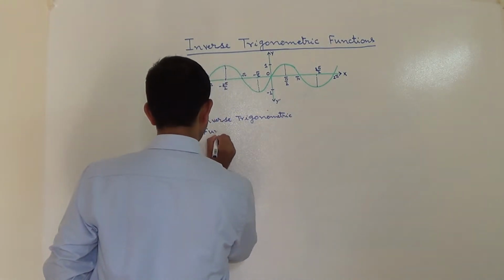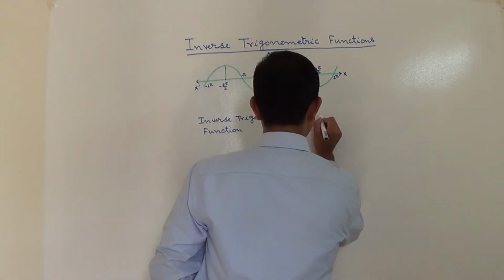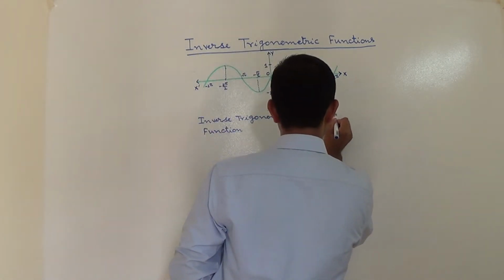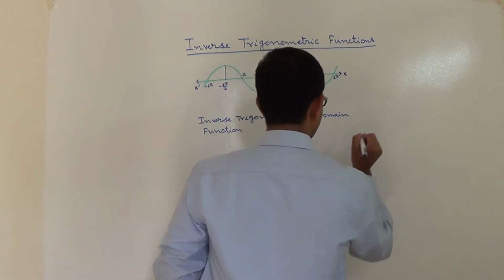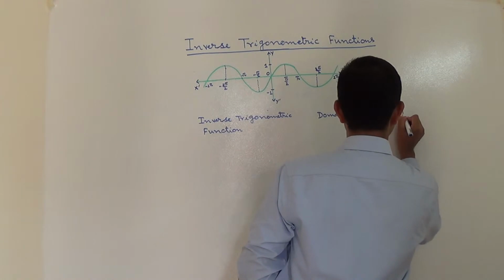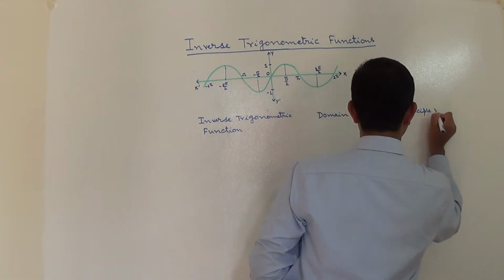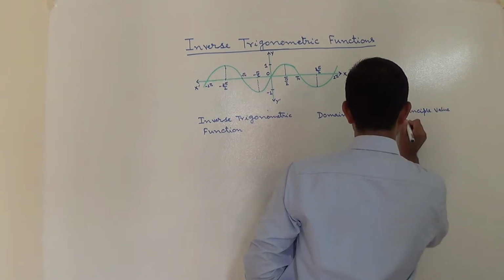Then here is the domain and here is the range with principal value branch.